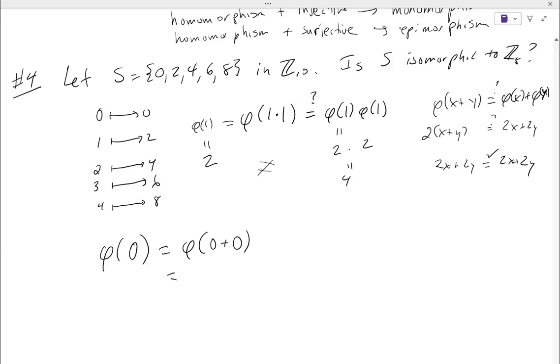If it's a homomorphism, it has to preserve the additive structure. So I can break it up, right? And now what can we do to both sides of that equation? Subtract phi of 0, right? Whatever that happens to be. If you subtract phi of 0 from both sides, you get 0 on one side and phi of 0 on the other.